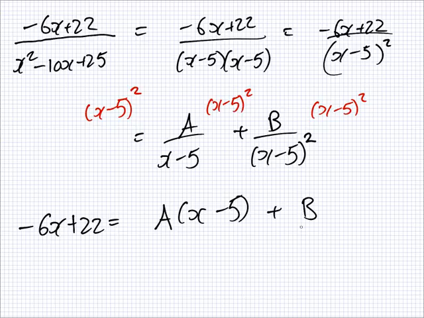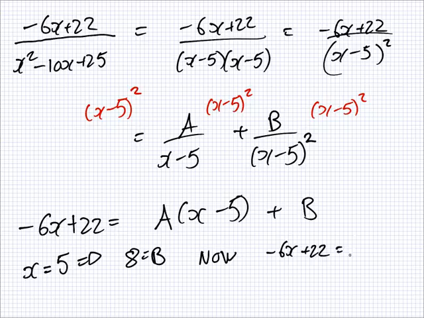So now I have it as one line, which is nice. What do I make x equal to? 5. So that means you get 8 equals b. So now you have minus 6x plus 22 equals a, x minus 5 plus 8.